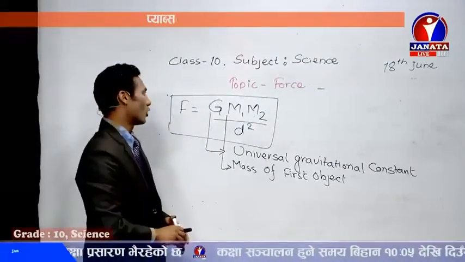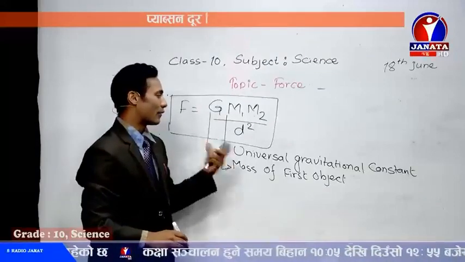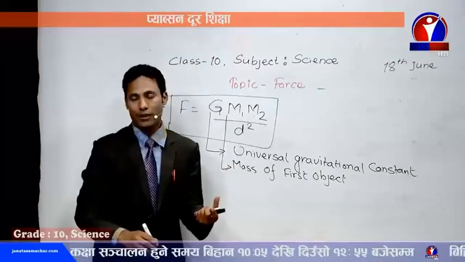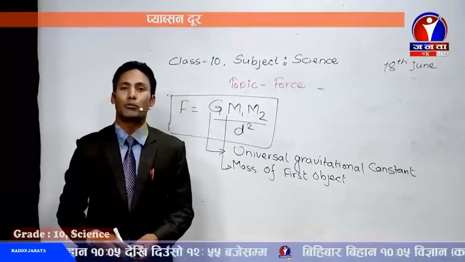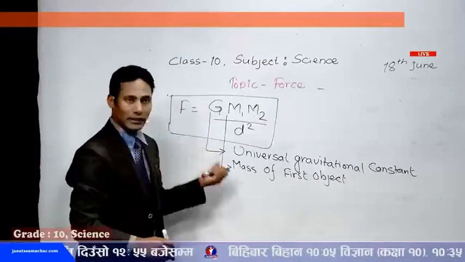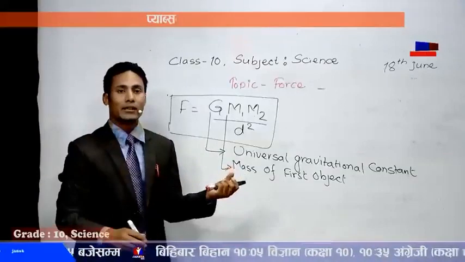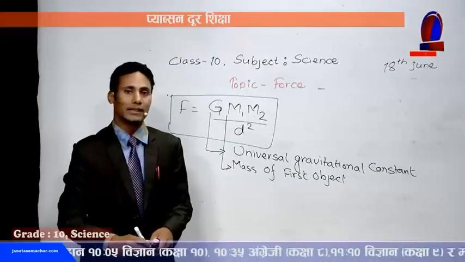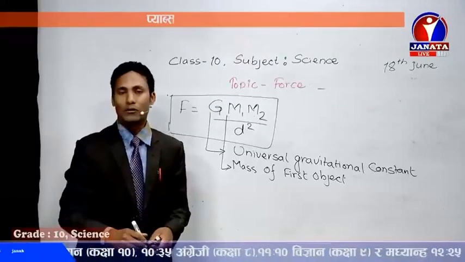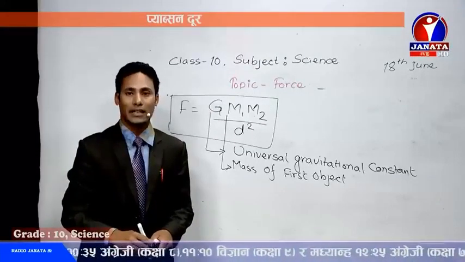So today we have learned this universal gravitational force. In the next class we will solve some numerical problems related to this, and we will discuss further topics like gravity and weight.